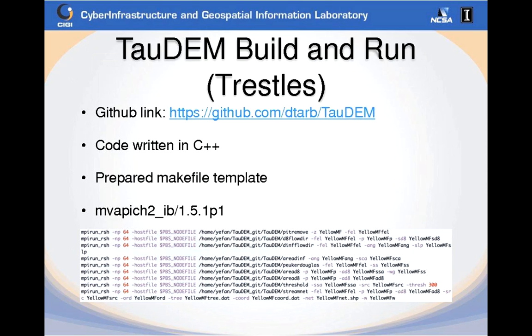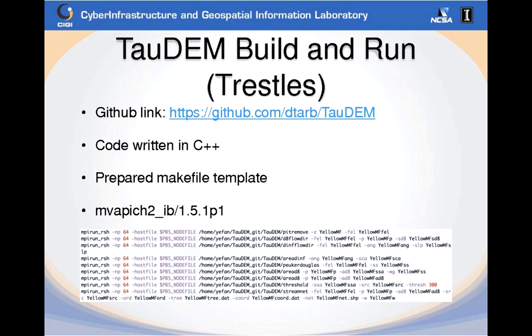The TauDEM build and run was initially done on Trestles. The source code was held on GitHub. The source code is written in C++. If you want to look at the code, you can go to this link. It has a source code directory, and the hierarchy of the code is quite flat.